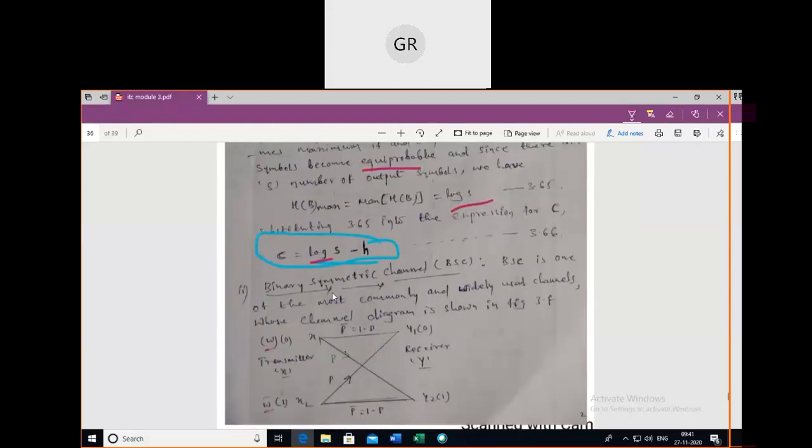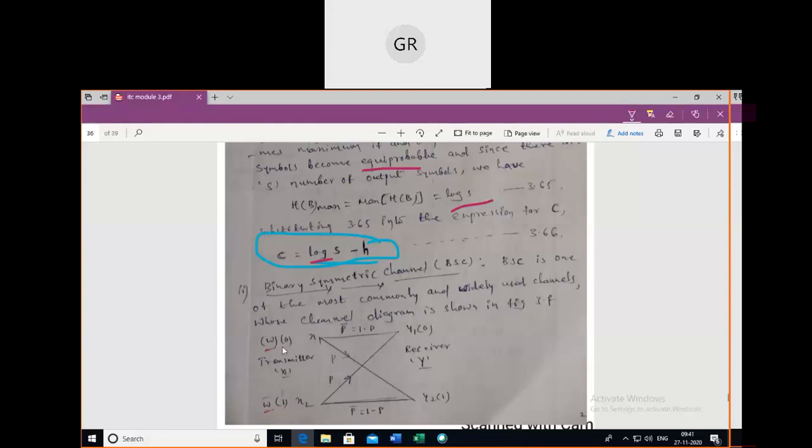Now, the second channel is the binary symmetric channel. We know that BSC is one of the most commonly and widely used channels. The channel diagram of the binary symmetric channel has x1 and x2.